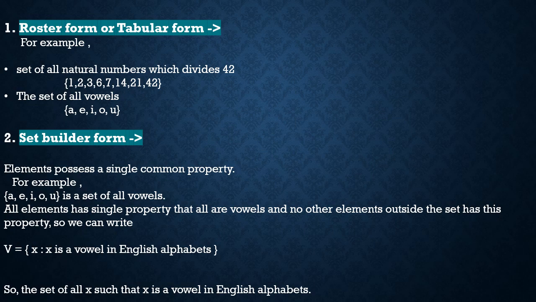So we can write V is equal to {x : x is a vowel in the English alphabet}, where the two dots are called such that. We read it as: the set of all x such that x is a vowel in the English alphabet.